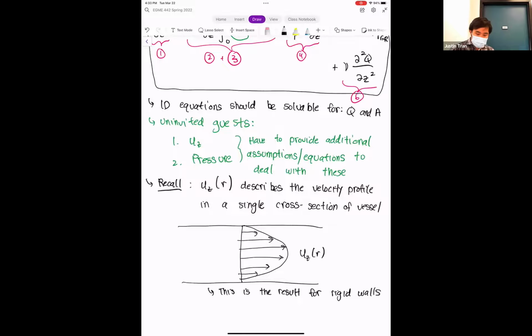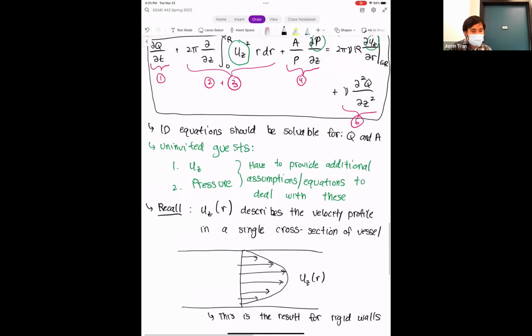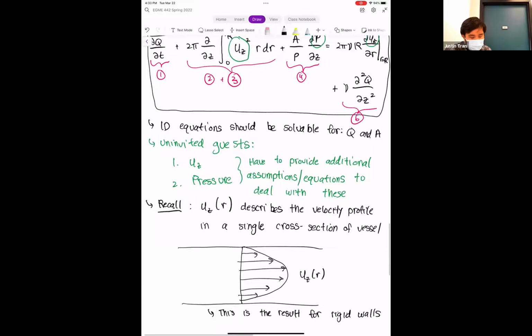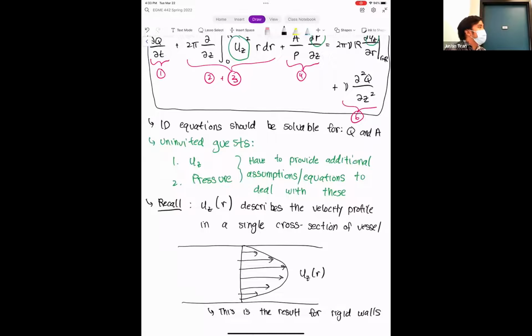The issue right now is that because we have deformable walls, or in other words, the walls are moving, we don't actually know what UZ is going to look like. But we have to make an assumption in order for us to kind of move forward, because otherwise we're stuck because we don't have enough equations to actually solve for UZ.